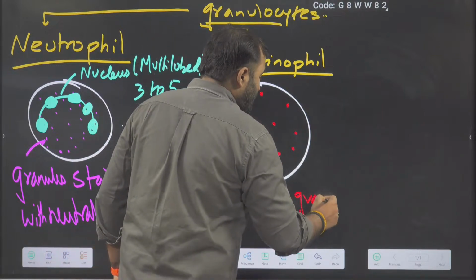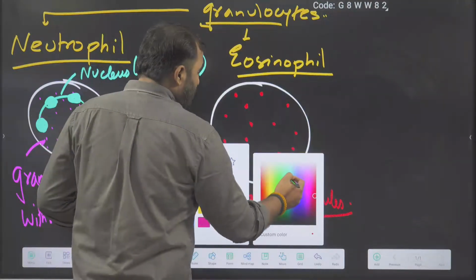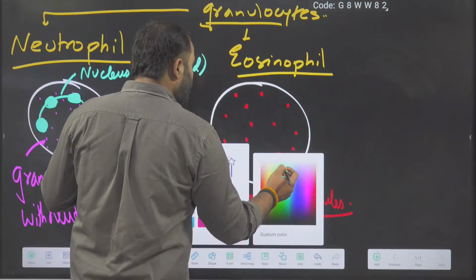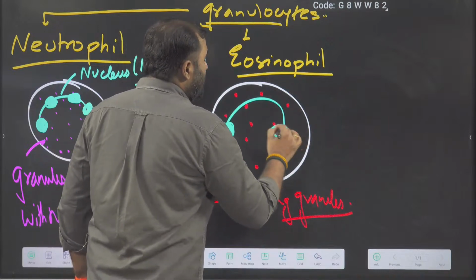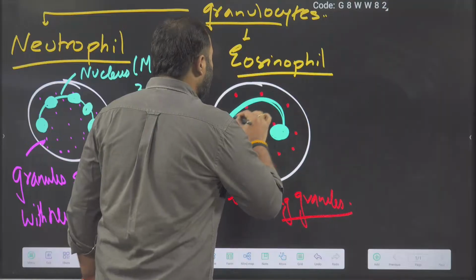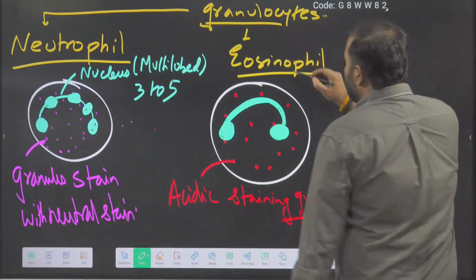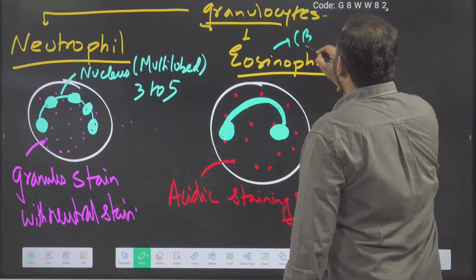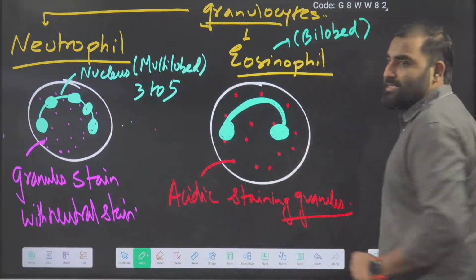And the nucleus will be bilobed. Two-lobed nucleus or bilobed nucleus. So eosinophil will be bilobed, and granules will be acidic staining.